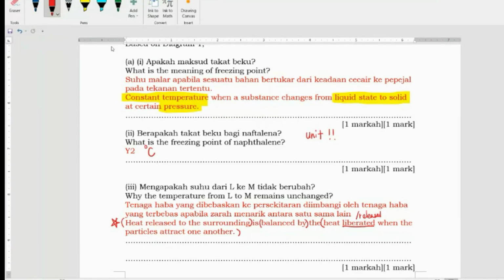So mula-mula dalam liquid dia punya jarak jauh sikit lah. In solid, the particles will attract one another, meaning that they will come closer. So when they attract to one another, they will release the heat. So this heat release is same as the heat lost to the surrounding. Okay, so you can remember the standard answer.